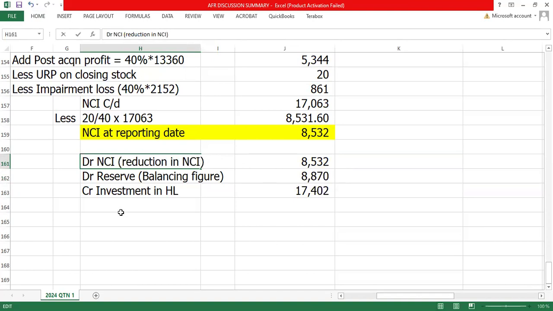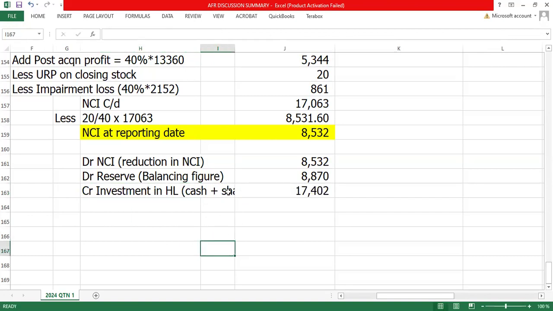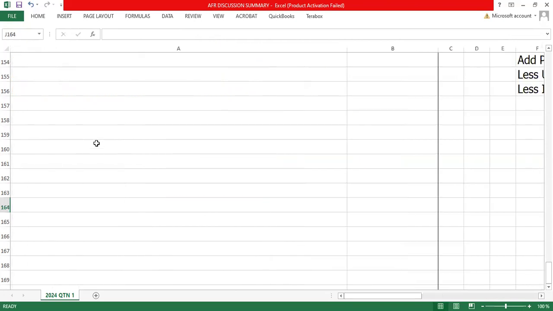Then you know what your investment is. How much did you incur? This is like the cash or bank, depending on the mode you paid. Here we see that you paid through cash and share exchange. So the balancing figure will reduce your reserves, so you go and reduce your reserve.